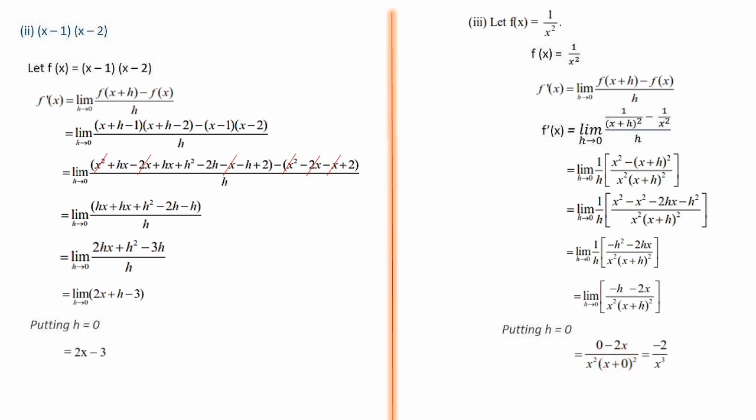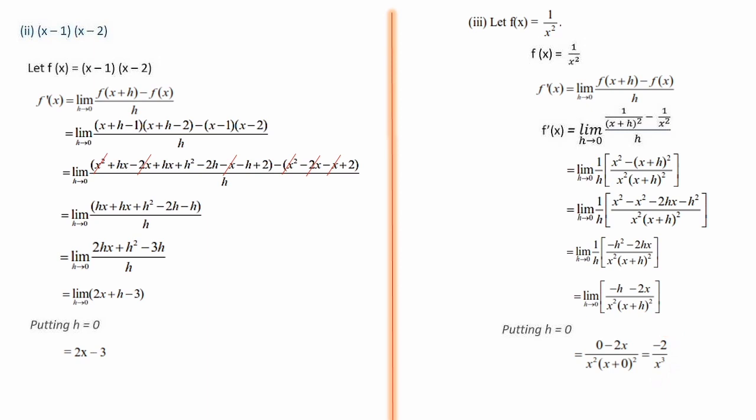In that case, x raised to 4 in the denominator and 1x in the numerator can be cancelled. So numerator x is gone, denominator x power 4 will be reduced. From that 4, 1x cancelled. So balance in the denominator is x cube. And in numerator there is no x, that is minus 2 by x cube.